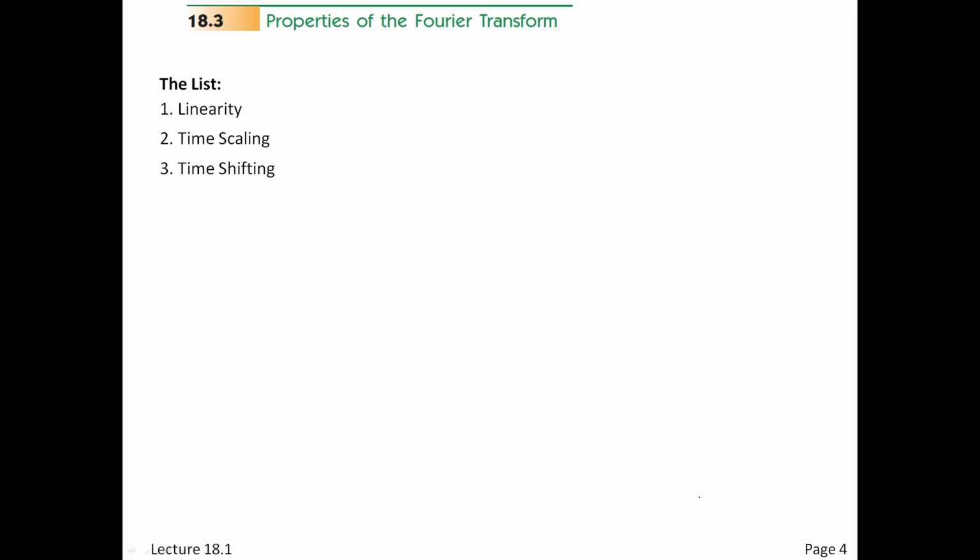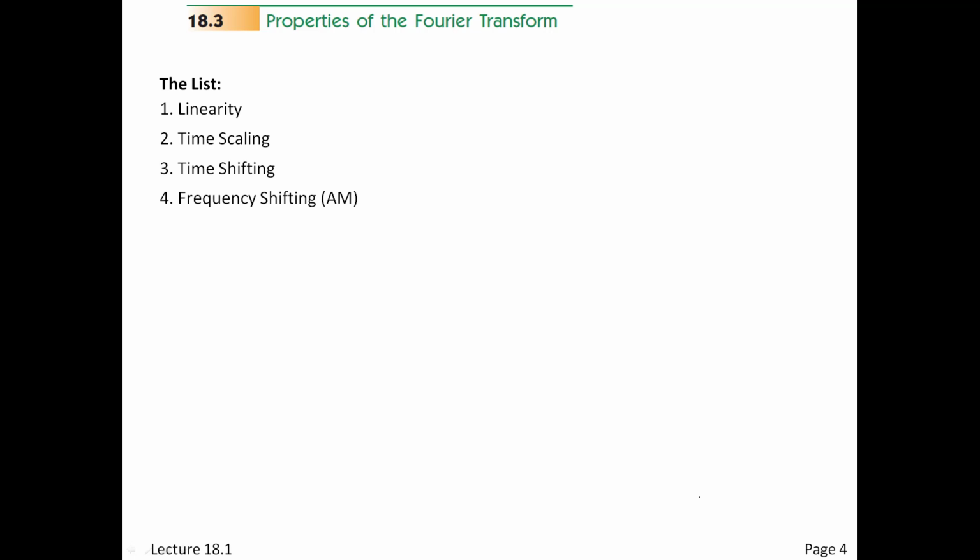If I need to shift it plus or minus in time, well, a time shift is like a phase shift. And some of these, by the way, set things up. If I have two waveforms that are out of sync with each other, but they're basically the same shape, if I could time shift them, I might be able to just then apply linearity and add them.